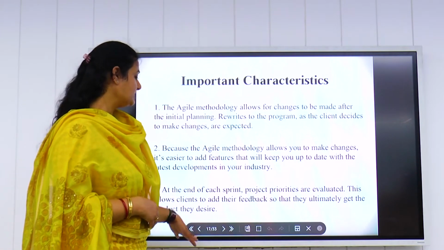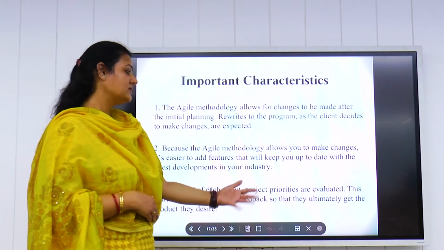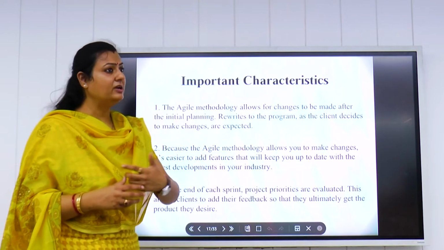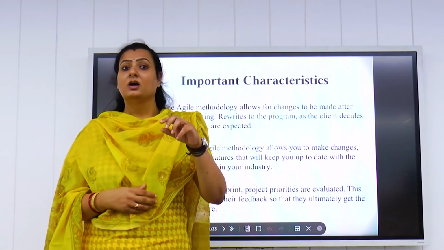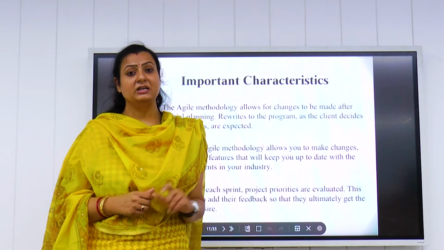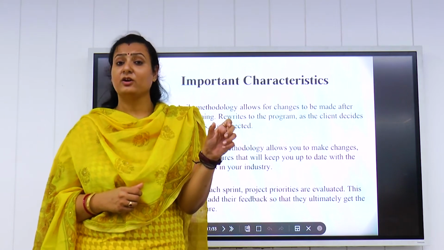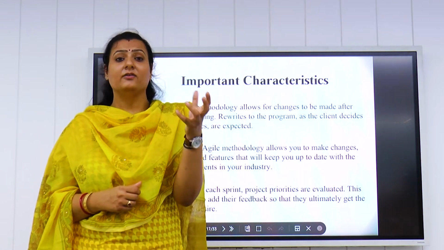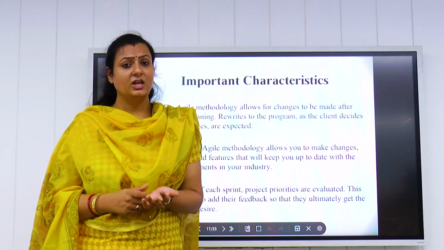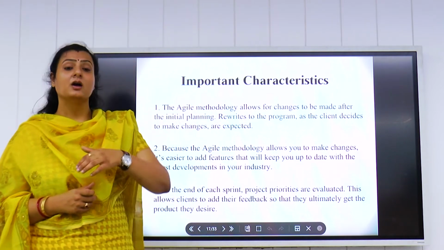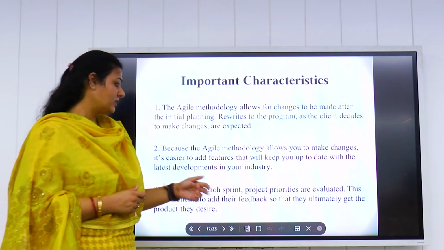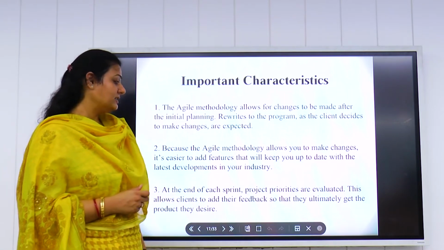At the end of each sprint, project priorities are always evaluated. Here, the sprint is the time limit. A sprint is a very short span of time, like 2 weeks or 3 weeks. Within a short span of time, the product should be delivered. This allows the clients to add their feedback.